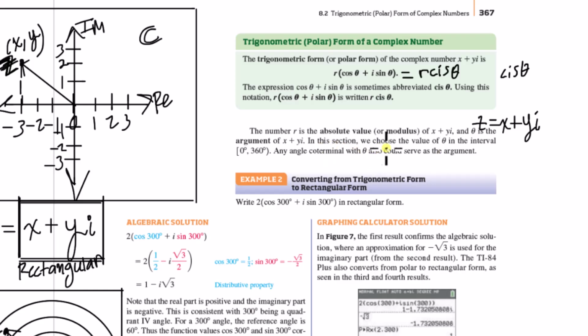In this section, we choose the value of theta in the interval 0 to 360, but any angle coterminal with theta also could serve as the argument. This is kind of confusing to think about. There's only one plane of complex numbers, so you would think that angles couldn't go past 360, because it's like you're going into a separate plane.